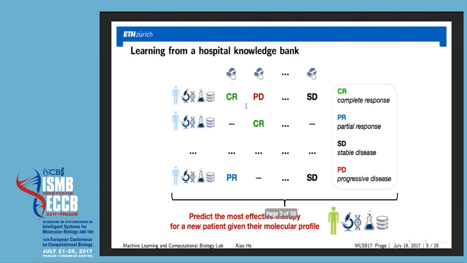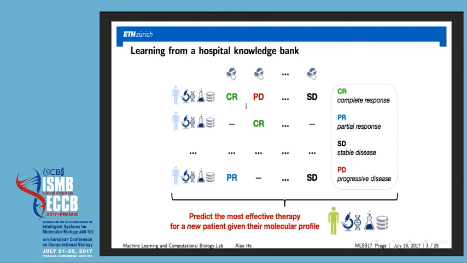So let's assume we are learning from a hospital knowledge bank where we have a bunch of patients, and we know their molecular profiles like gene expression, methylation, and so on, and also some of their treatment history. Let's assume cancer. Each column here is a drug.